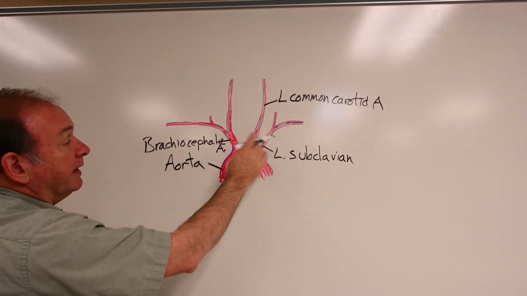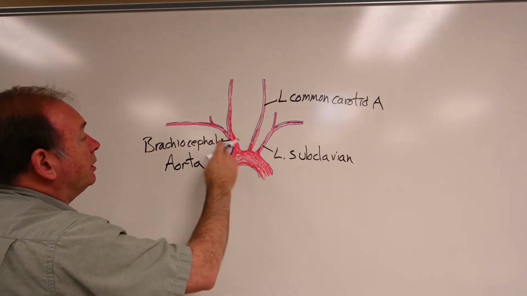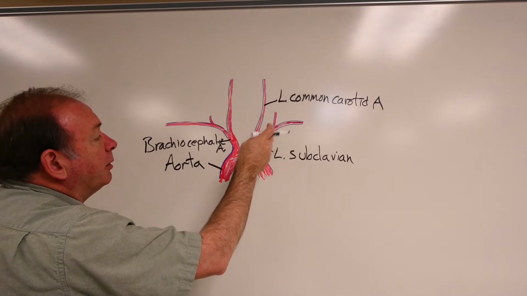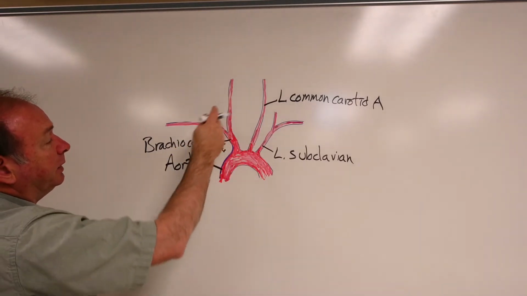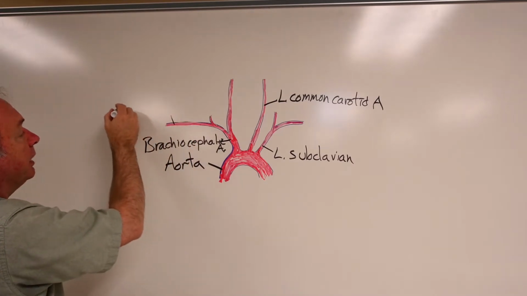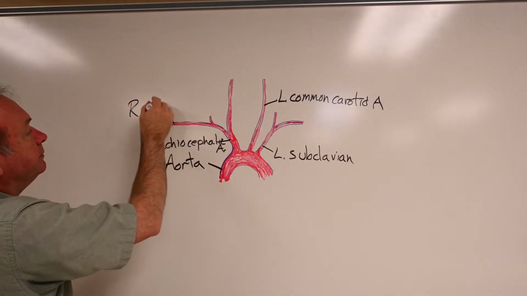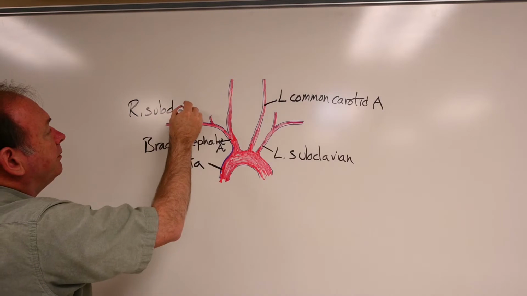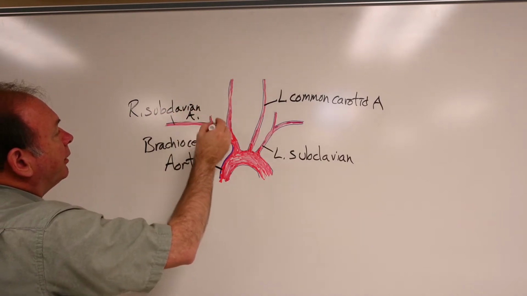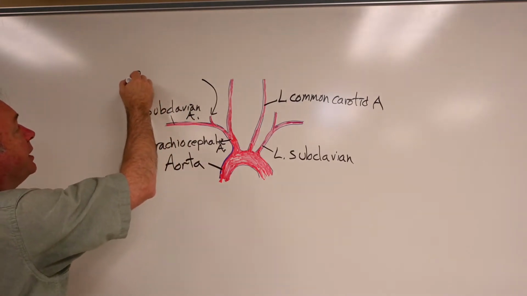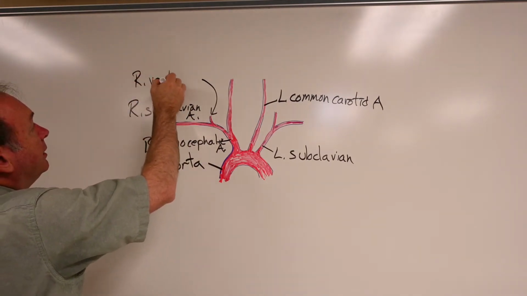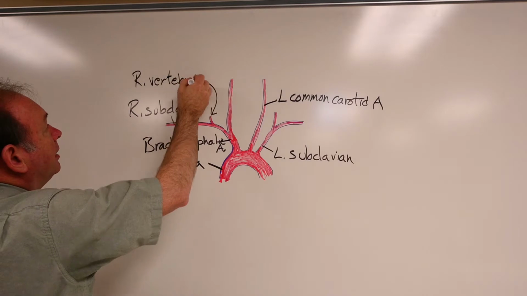So those are the three vessels that come directly off the aortic arch: the brachiocephalic, left common carotid, and left subclavian. Your brachiocephalic then splits into your right subclavian artery, and right here is our right vertebral artery.